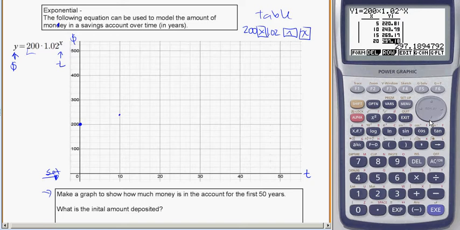Keep going to 20, and you'll notice that's very close to 300, but just ever so slightly below it. And another point. Looking at 30, I see 362. So again, that's 325, 350, 362 would be somewhere in there. 40, I see 441.